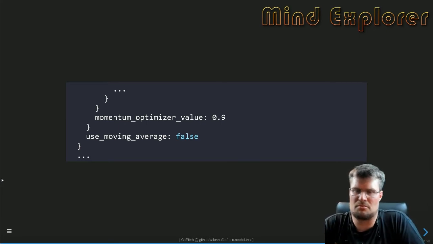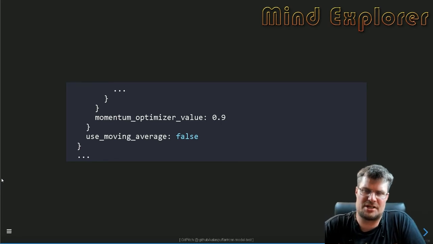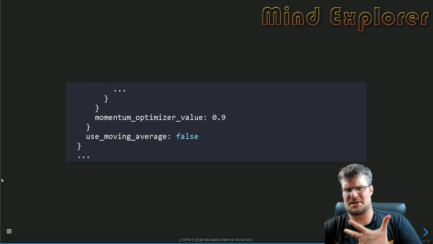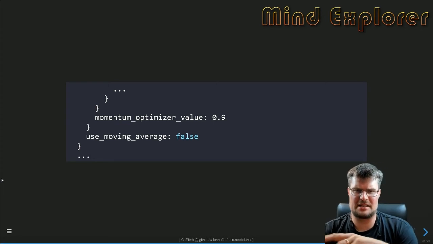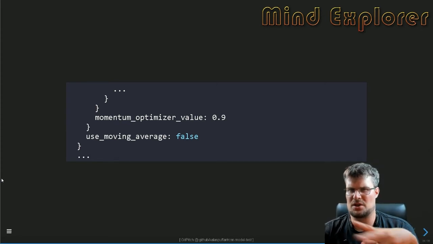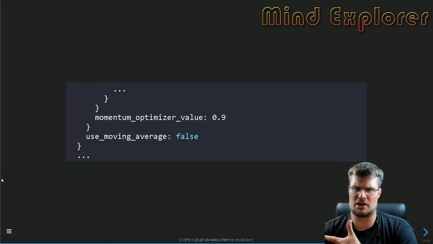Then we have this moving average, and that's also an interesting function that I haven't turned on yet. That is actually a way to cache the result from the last time, and that cached value will slow down your pushing of values.